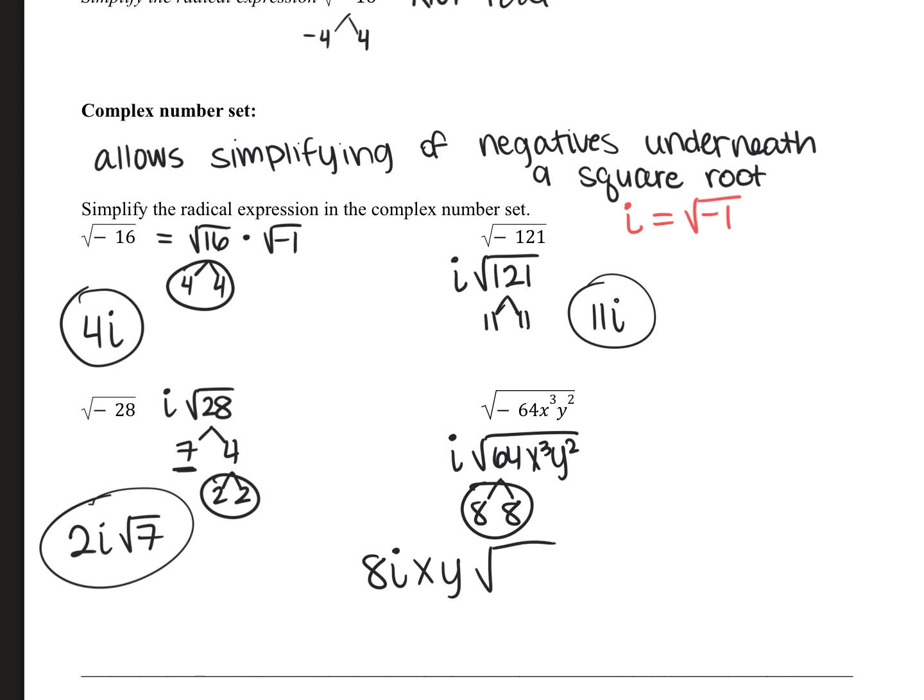And then underneath, I only have the x. Now, technically speaking, I could put that i at any place in front of my square root, but I typically like to keep it with the number. So 8xyi doesn't really roll off the tongue as well as 8ixy. So that's why we usually place it next to the number and not after the variables.